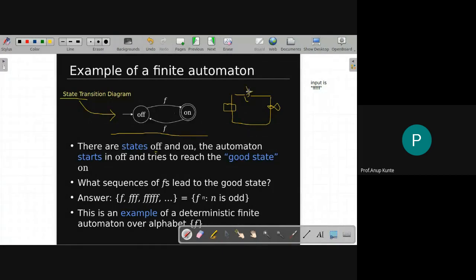Initially it is in open state, so the bulb is off. We are watching the state of the bulb, so my state of system is the state of the bulb. The operation that I can do is flipping the switch. When the switch is closed, I will be in on state. When the switch is open, I will be in off state. This we have already seen.